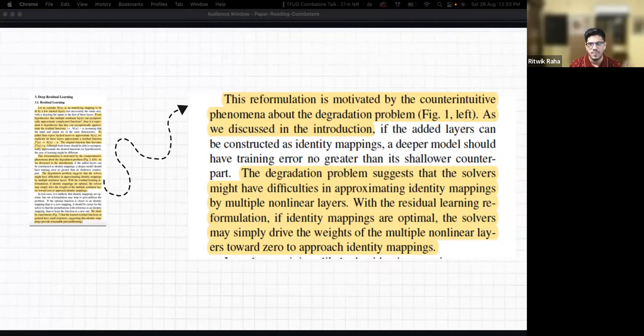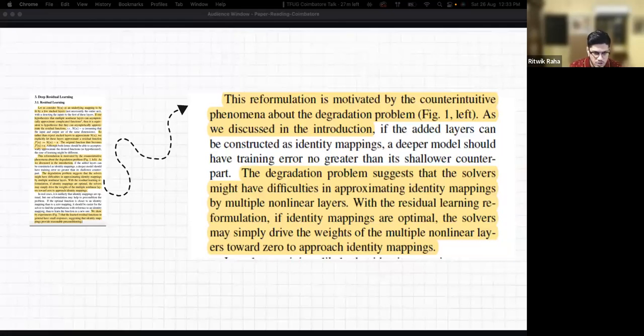The degradation problem is a phenomenon where the training error of a deep neural network increases as the network becomes deeper. This is because it becomes more difficult for the network to learn identity mappings. What is identity mapping? It's a fancy way of saying being able to understand or retain the original information from the start of the training process.